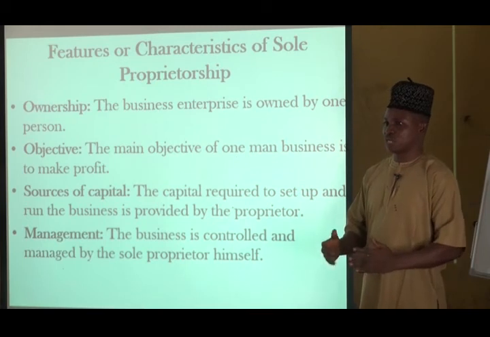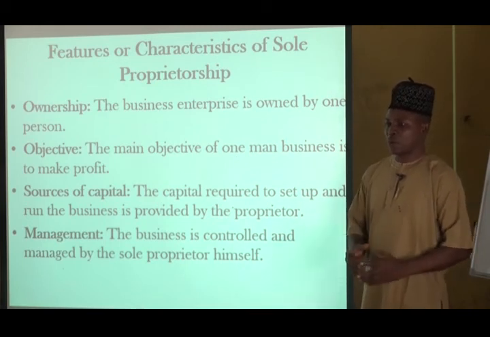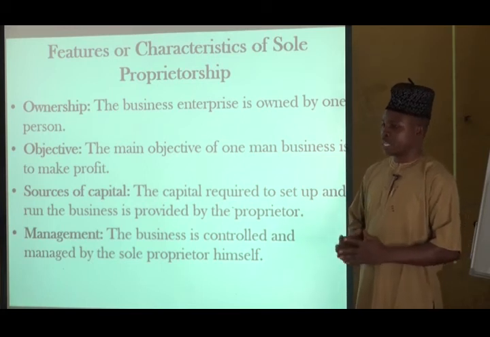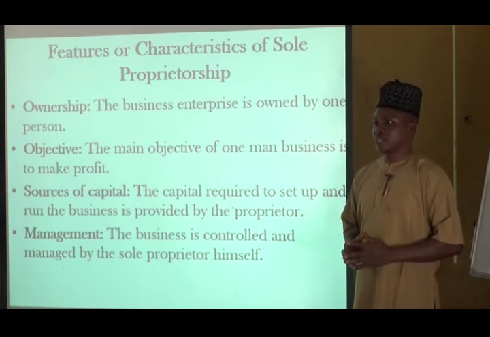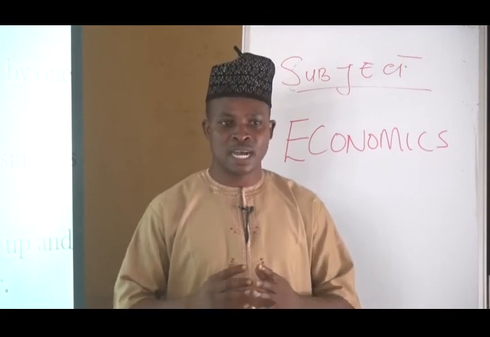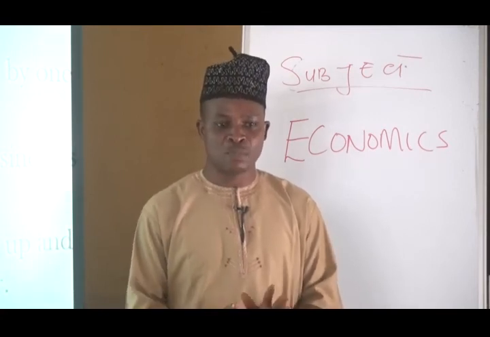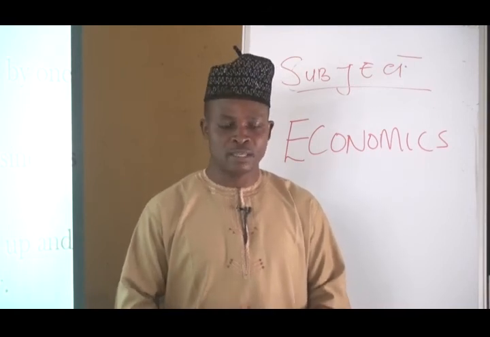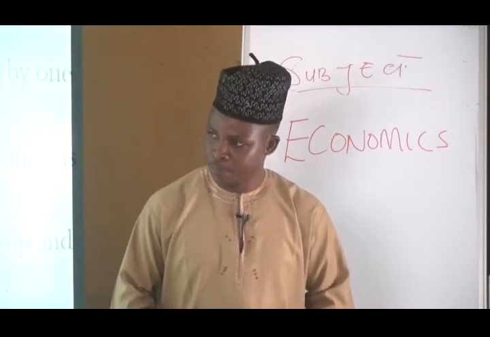They each contribute a particular sum of money, and when they join it together, it will be a reasonable amount. But in the case of a sole proprietor business, he is the only one that has the business, so he provides the capital alone. So it cannot be as strong as the partnership business.